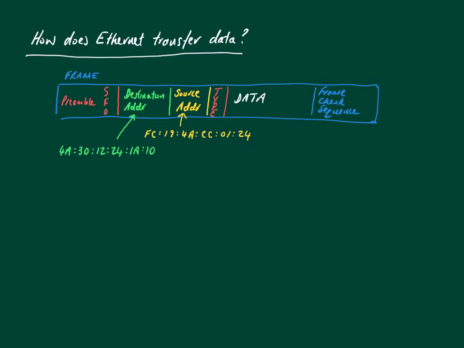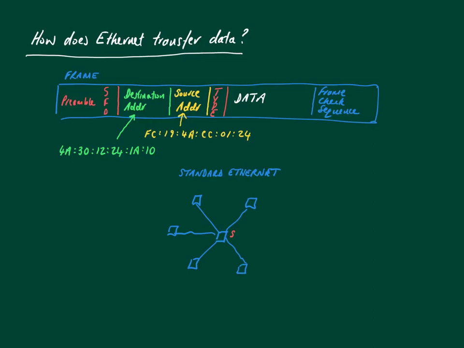Now, the way that each frame is transmitted across the network, if we think about a standard LAN as being a star topology, the node in the middle, if we say that that's where it's coming from, this frame would not be directed to one of the client nodes on the outside of the star.